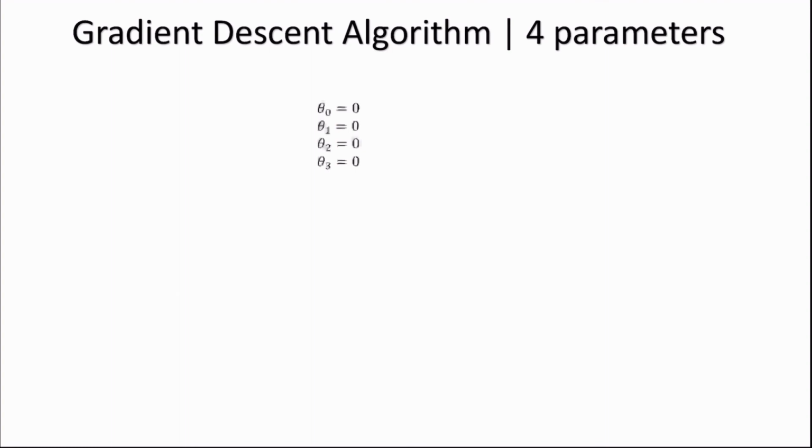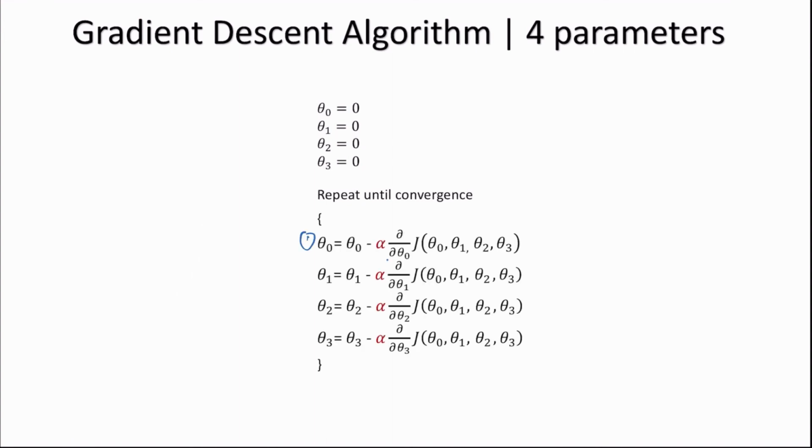We can just simply apply the gradient descent algorithm. So let's now take a look at the gradient descent algorithm, but this time with 4 parameters. Again, the concept remains exactly the same. We initialize all the parameters, in this case all to 0, and then we repeat the following algorithm until convergence. That is, we update theta 0 using its partial derivative, and then we do the same for theta 1, theta 2, and theta 3, and we keep repeating until eventually each parameter converges.